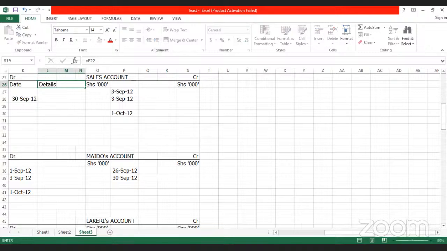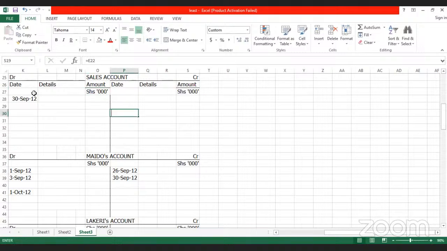I have to show the details of the transaction, don't forget. Then I also have to show the date, details, and then the amount. Those have to be clearly stated.